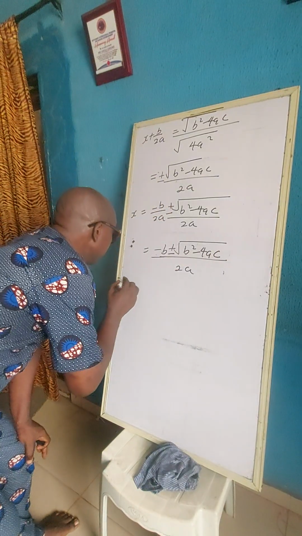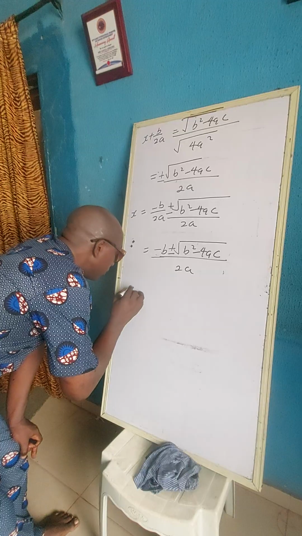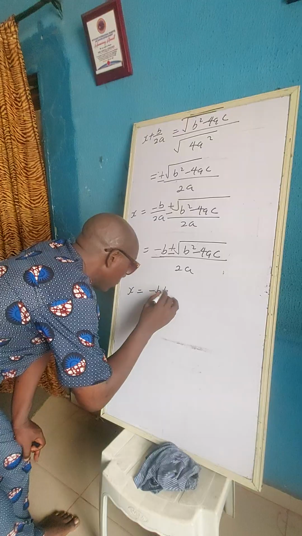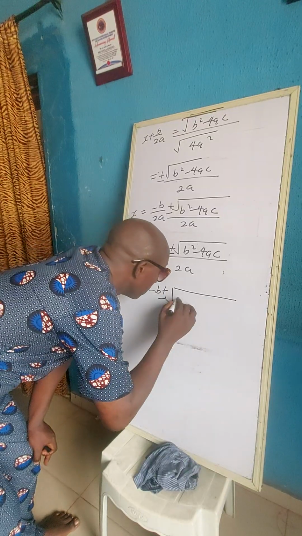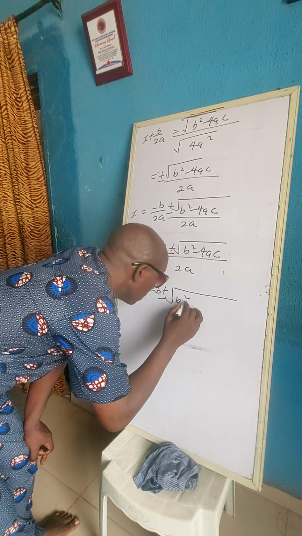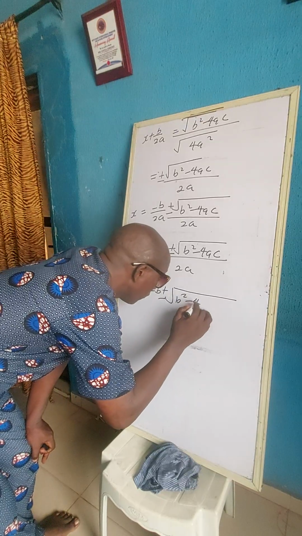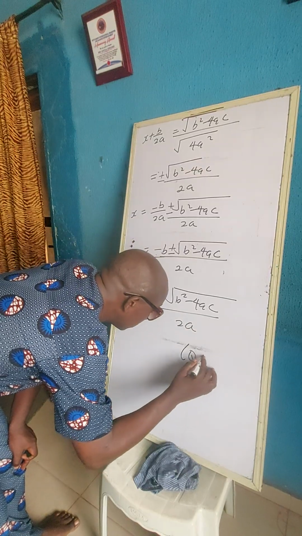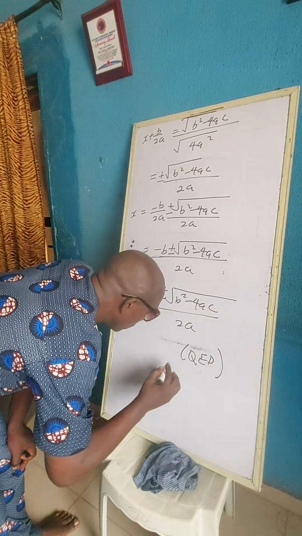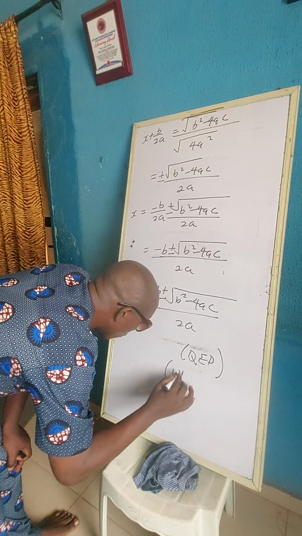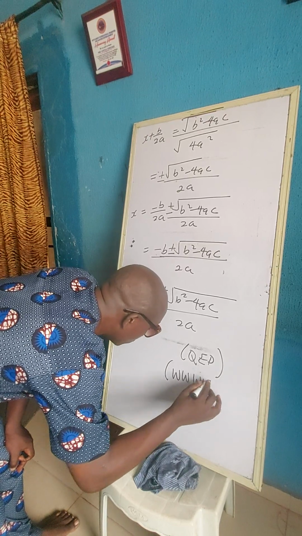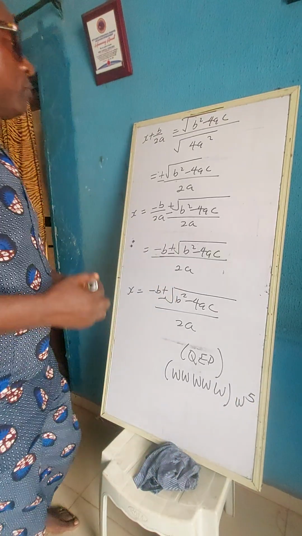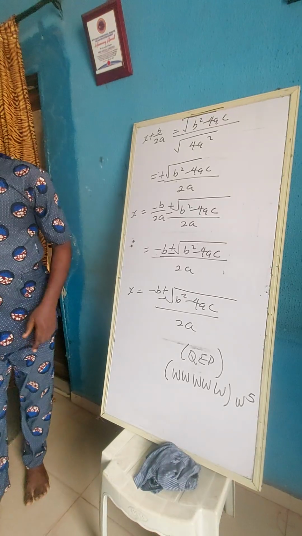So definitely our x equals minus b plus or minus square root of b squared minus 4ac over 2a, which is what was wanted. It's very simple. That's about that one. Thank you.